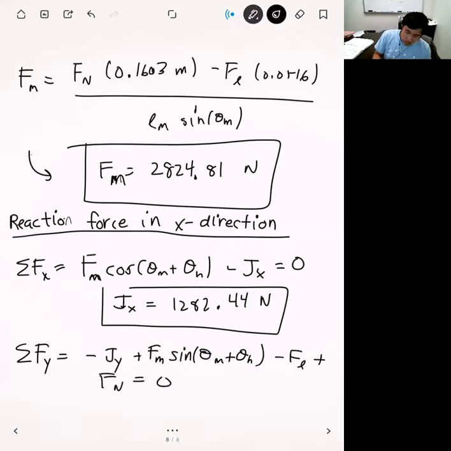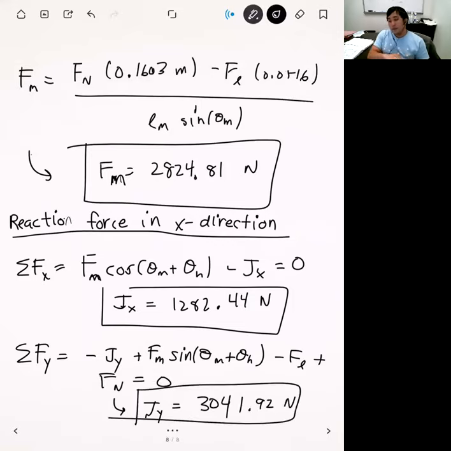You sum those up is equal to 0. And what we get is Jy is equal to 3,041.92 newtons. All right, and so that's the full solution to problem 2A in homework 5.